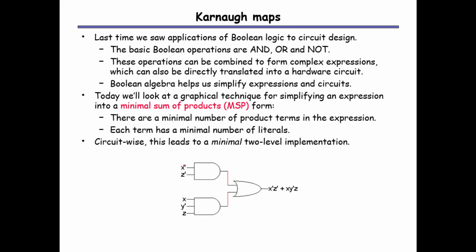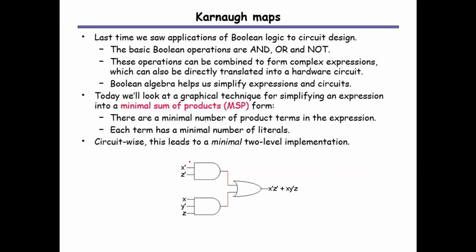As you can see here, we have x prime, which means x negated, so x equal to 0 makes this 1. We have an AND gate with x prime and z prime multiplied together, and on the other AND gate we have x, y prime, z, and we write the expressions here.